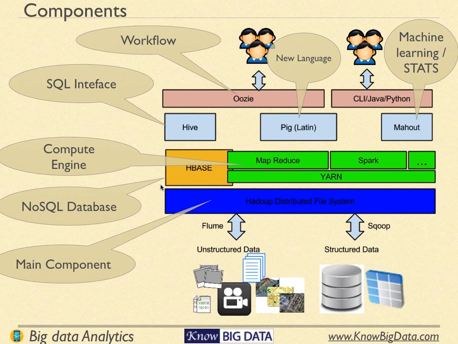Now, HBase doesn't have a query language. Hive is the one which provides you a query language. So you write your logic in Hive that gets executed via MapReduce on Yarn.